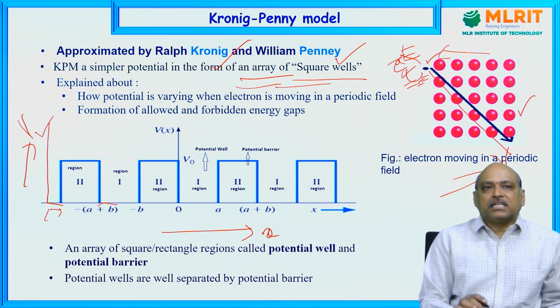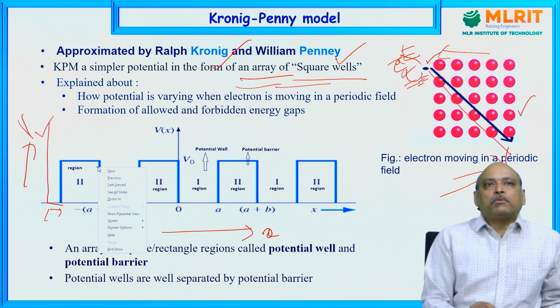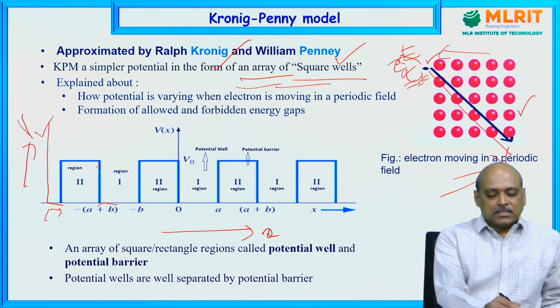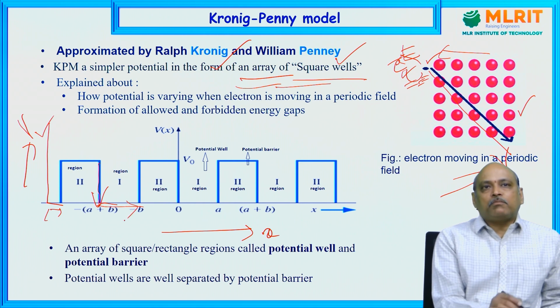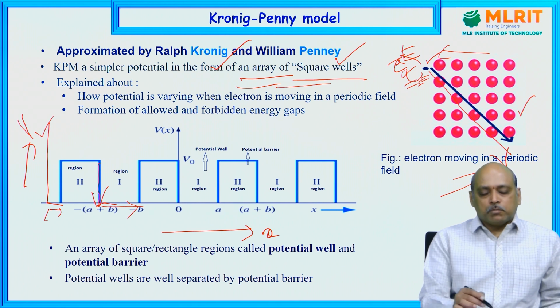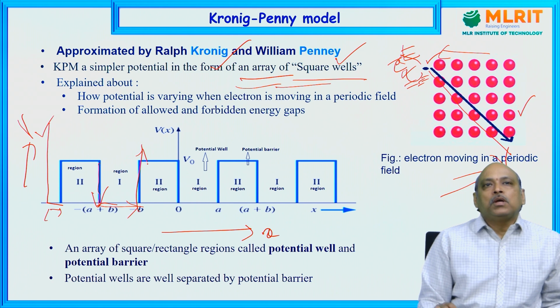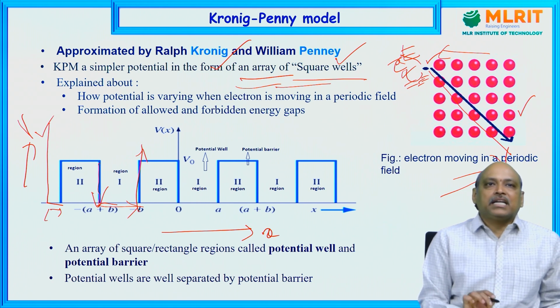Step change means that as the electron approaches the positive ion site, suddenly the potential energy becomes zero. This zero will remain up to some distance, and when the electron reaches the middle of two positive ion sites, all of a sudden the potential energy rises to the maximum value, rather than increasing slowly and decreasing slowly.